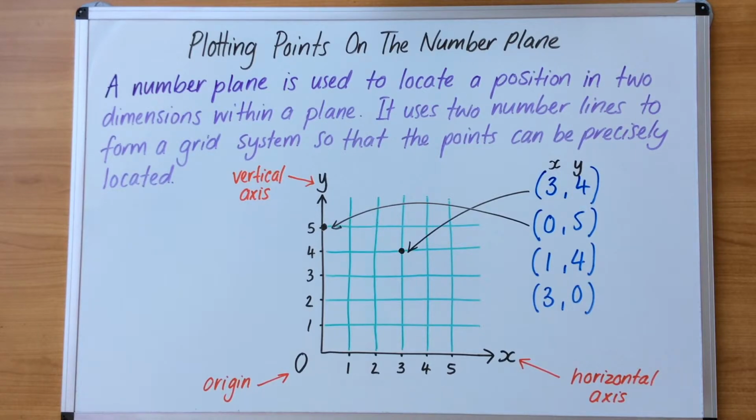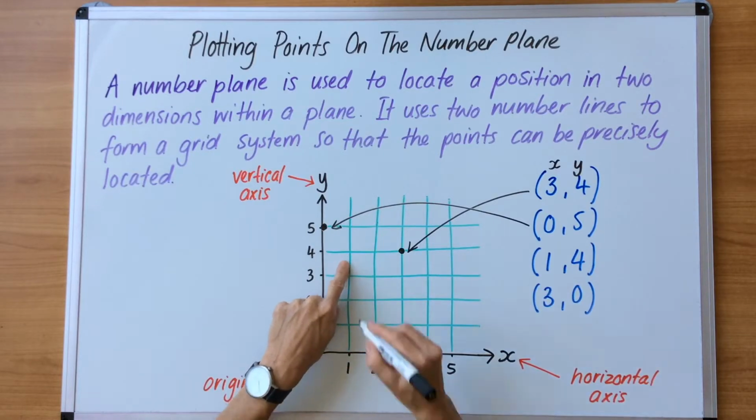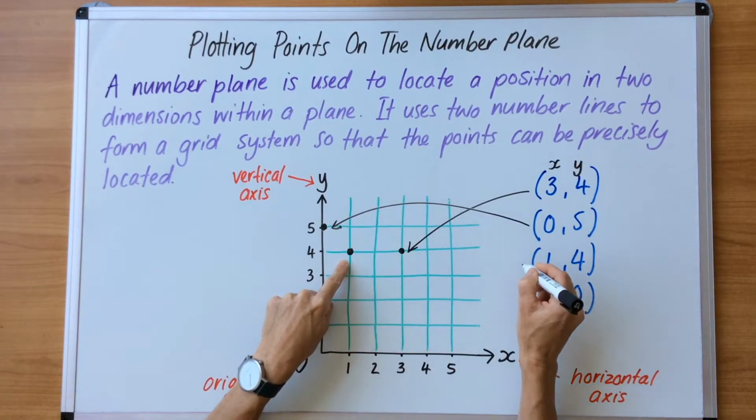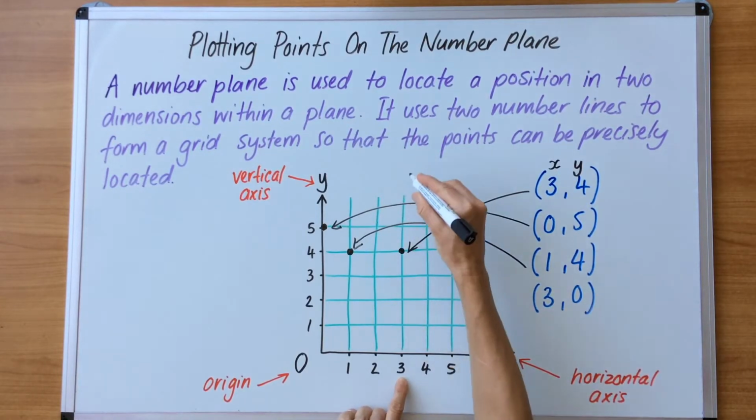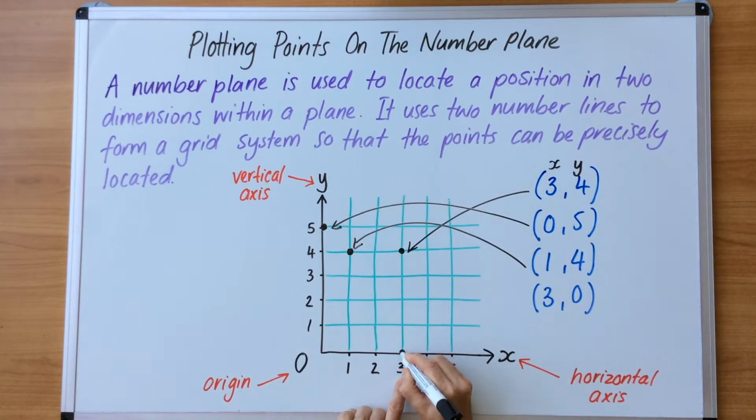Right, number (1, 4). So we go along the x-axis to 1, and then we go up 4. We plot this one here. So this one goes there. And the last one here is (3, 0). So we crawl across the x-axis to 3. And because it says 0, we can't go up. We've got to stay here.